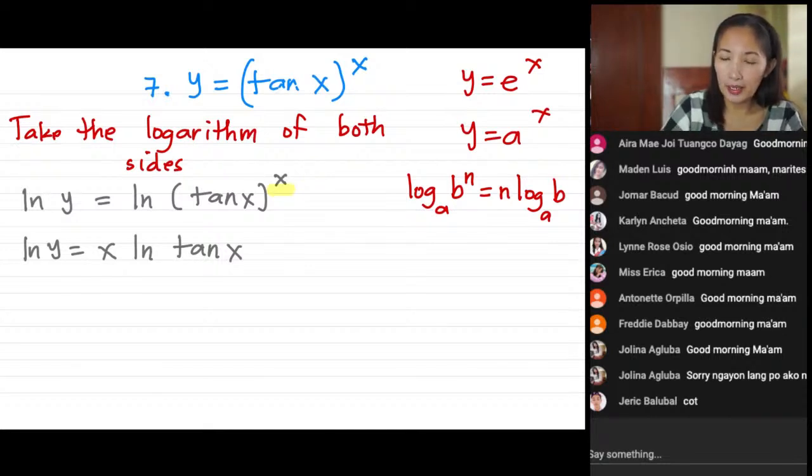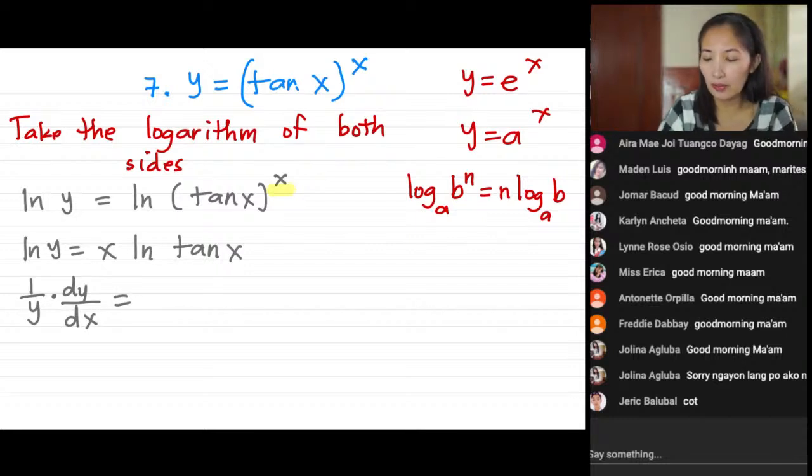So by implicit differentiation, the derivative of the natural logarithm of y is 1 over y times dy over dx, or y prime, or whichever symbol you'd like to represent the derivative.